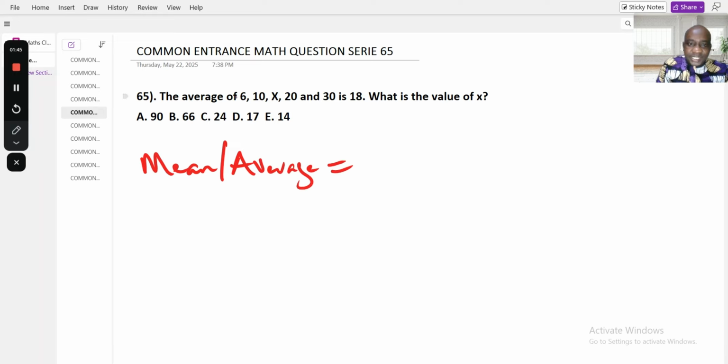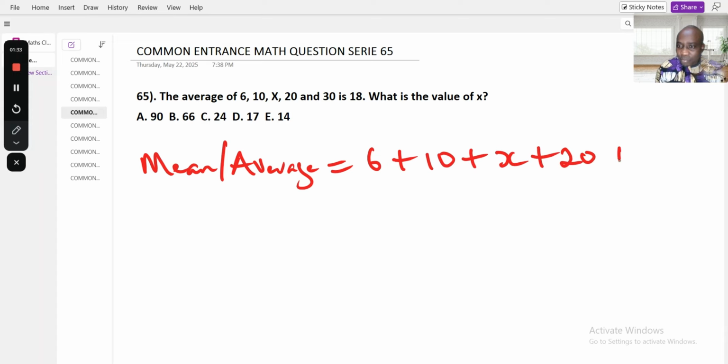The average is 6 plus 10 plus x plus 20 plus 30. You will now divide it by the total number of frequencies there. 1, 2, how many digits here? 1, 2, 3, 4, 5.